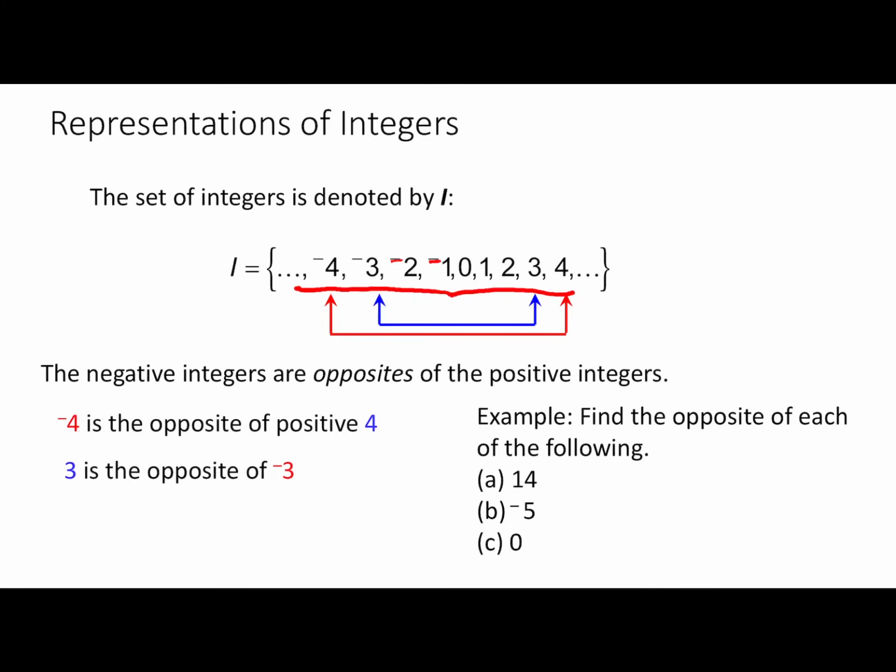So negative 4 is the opposite of positive 4. 3 is the opposite of negative 3. So if I have 14, what's the opposite of 14? Well, that's negative 14. The opposite of negative 5 is going to be 5. And the opposite of 0 is just 0.